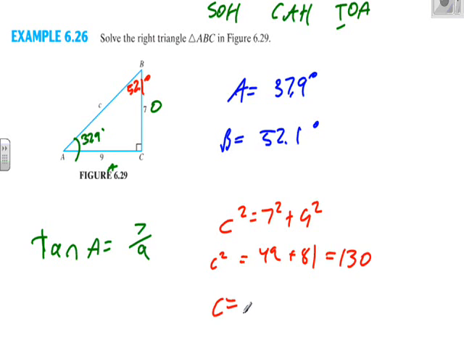So we get c equals about square root of 130. And that's it. We found the two missing angles and the missing side.